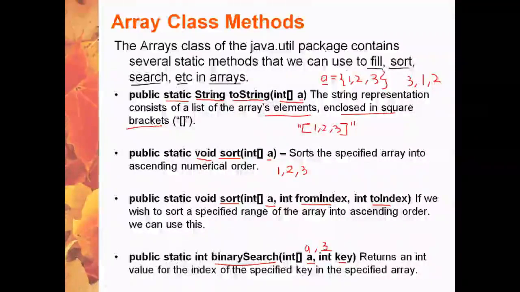An array always has index positions starting with 0. So the first element has index 0, the second at 1, and the third at 2. So this may return the value 2. That is the binary search method.